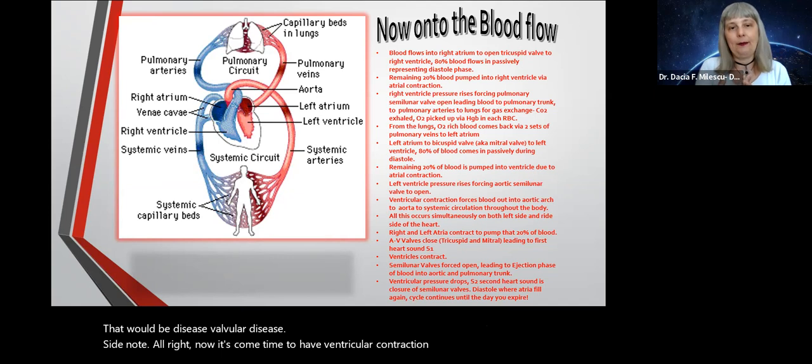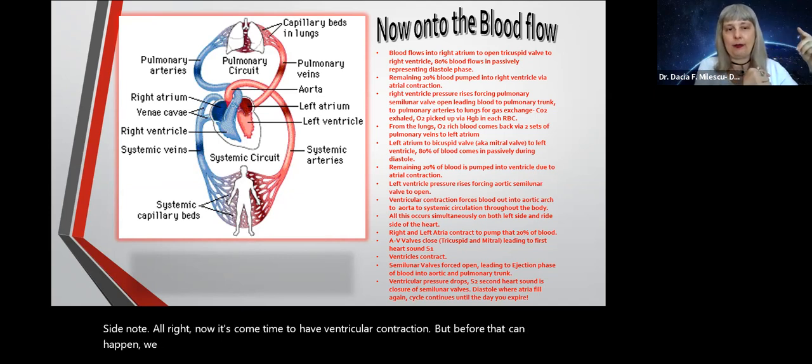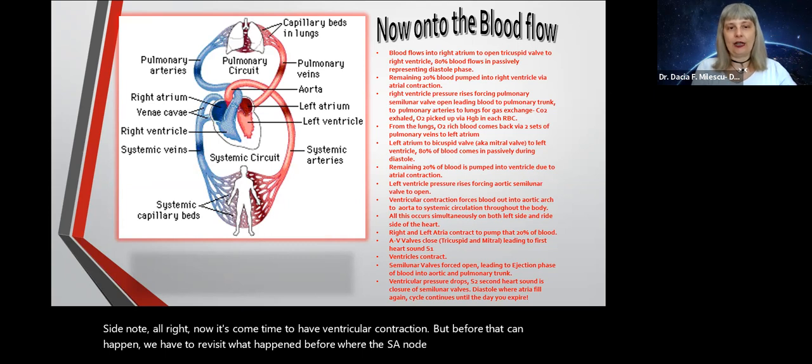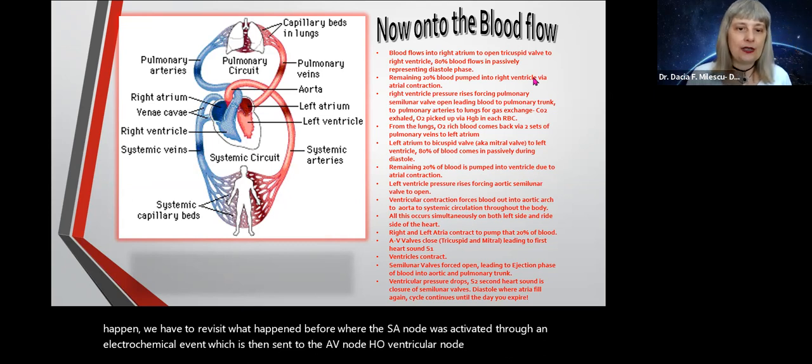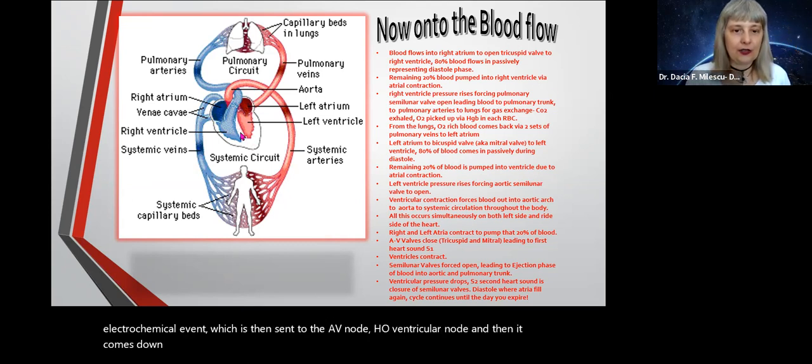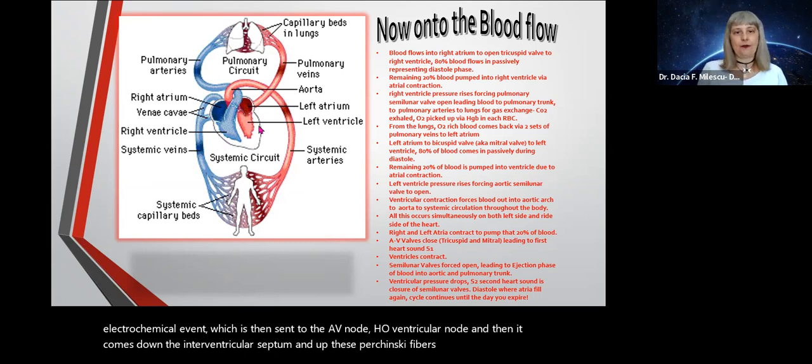But before that can happen, we have to revisit what happened before, where the SA node was activated through an electrochemical event, which is then sent to the AV node, atrioventricular node, and then it comes down the interventricular septum and up these Purkinje fibers, which activate the ventricular muscles to contract.